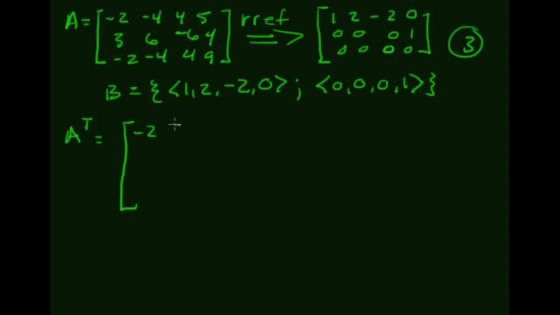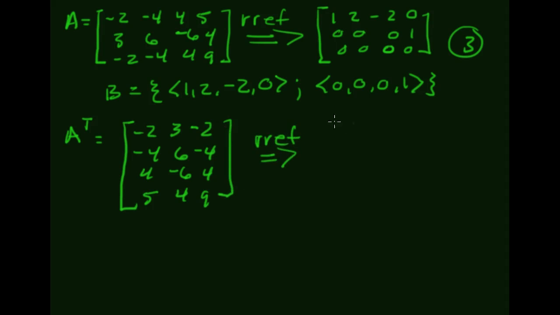So the transpose would be 2, 3, -2, -4, 6, -4, 4, -6, 4, 5, 4, 9. If I take Gauss-Jordan of that, I'm going to get 1, 0, and then I think this is 19 over 7, 0, 1, 8 over 7, and then a bunch of zeros.